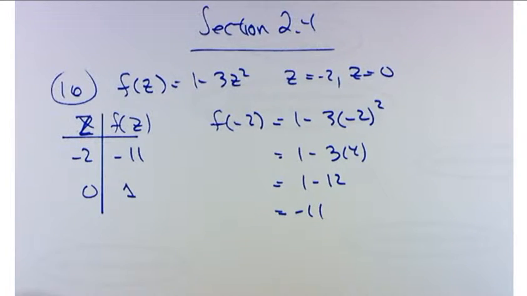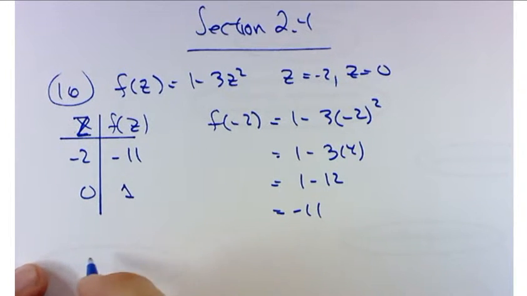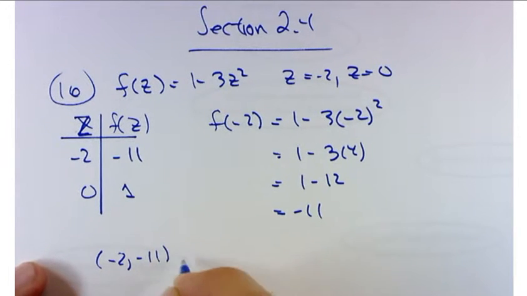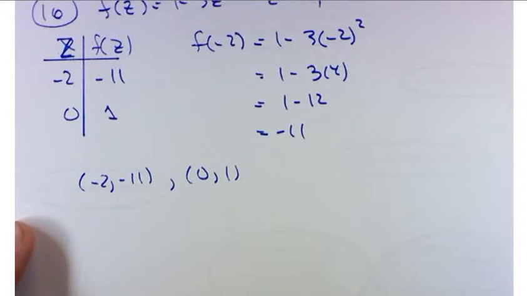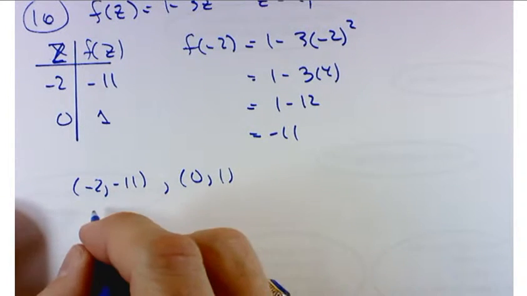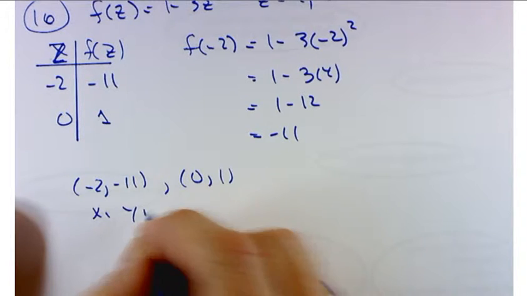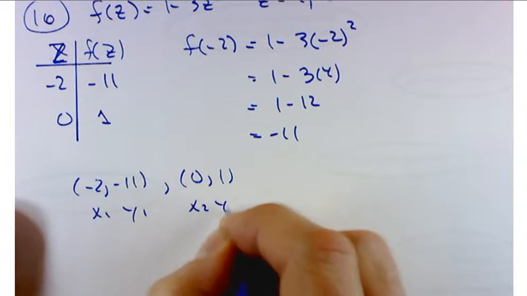So realistically, what you're finding for the average rate of change is the slope of a line between these 2 points, between negative 2 and negative 11, and between 0 and 1. Hopefully that formula is kind of familiar to you. We call this x1, y1 and x2, y2.